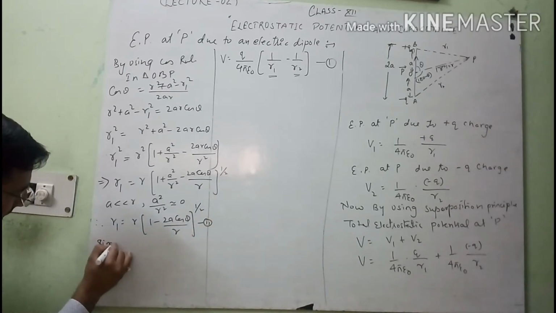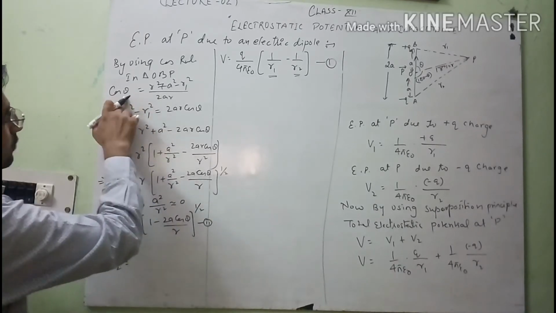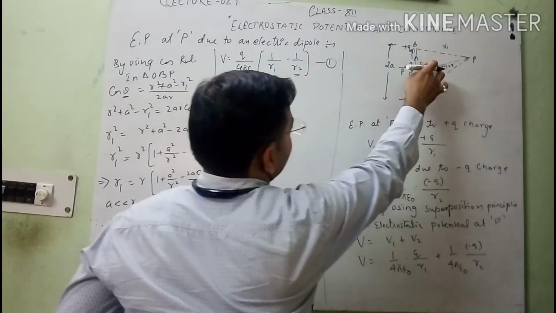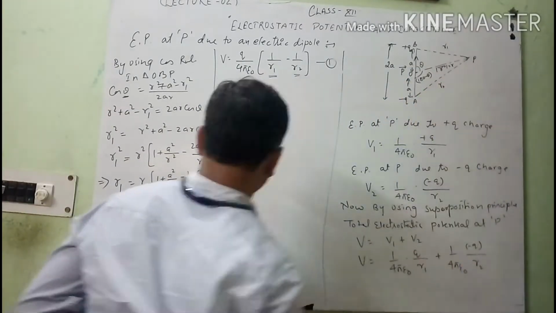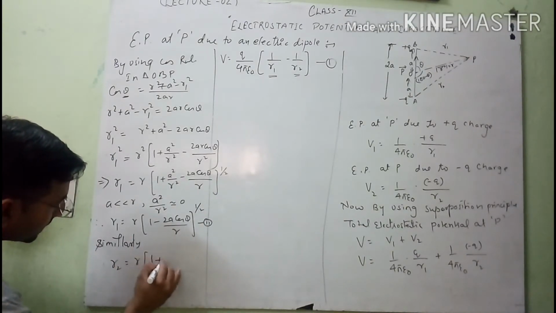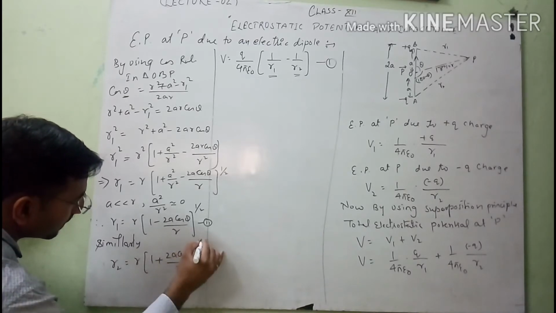Similarly, you can write the value of R2 in the same way when you substitute 180 minus theta in this triangle OAP. R2 equals R times 1 plus 2A cos theta by R, raised to the power half.